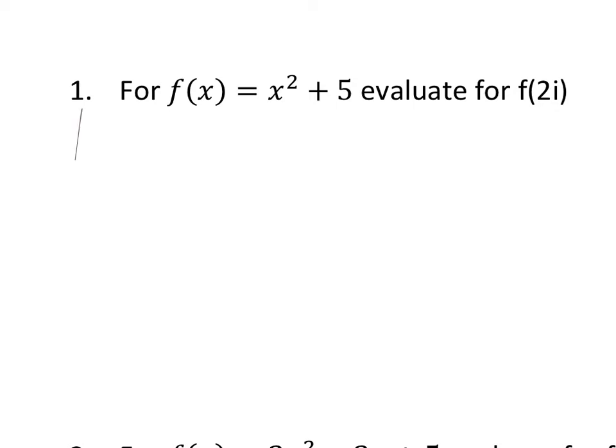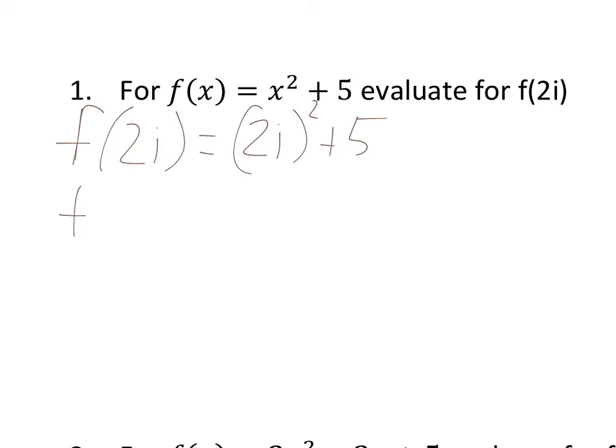So f of 2i is equal to 2i squared plus 5. Evaluate that 2i, and we get f of 2i is equal to 4i squared plus 5.